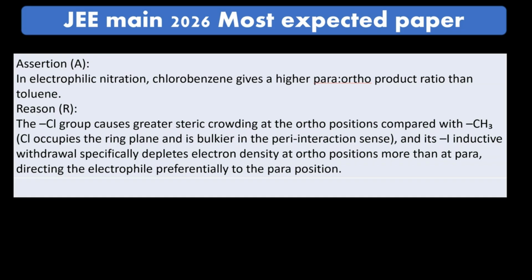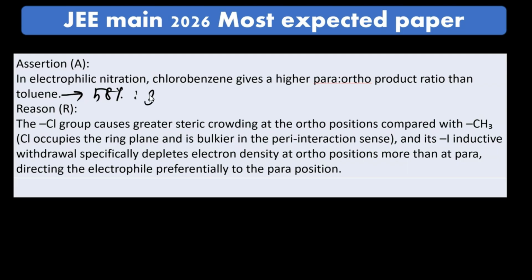Okay. Then the next question: the electrophilic nitration of chlorobenzene gives a higher para to ortho product ratio than toluene. So let's see the assertion first. Yes, that is true, because for toluene you get 58% ortho and 38% para product.